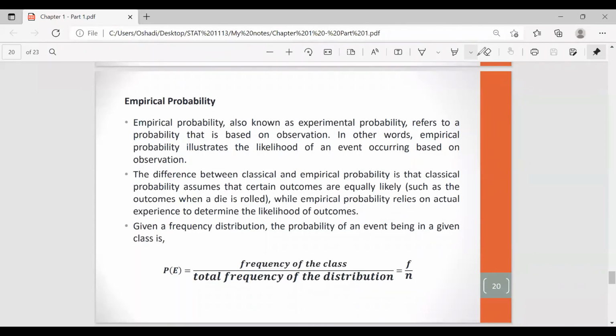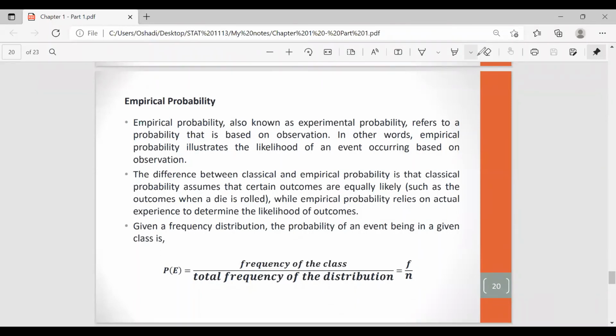We observe the experiment and then illustrate the probabilities, right? The difference is, classical probability assumes certain outcomes are equally likely to occur, such as outcomes when a die is rolled. We assume that each number has the same chance of getting selected, while empirical probability relies on actual experience to determine the likelihood of outcomes.